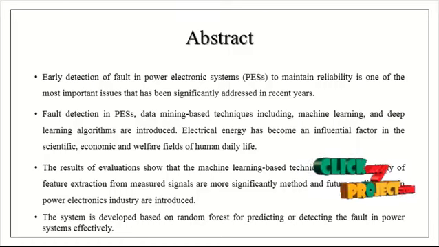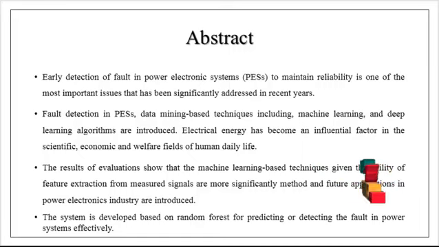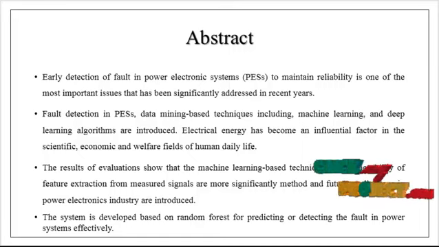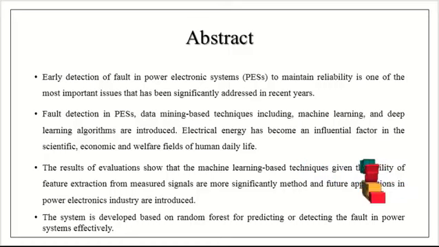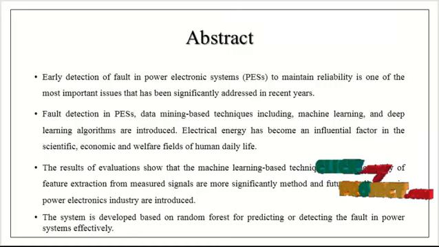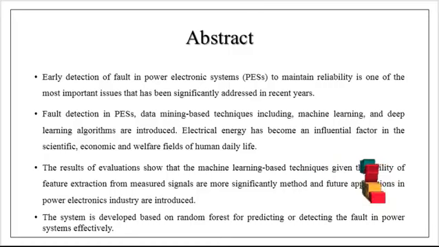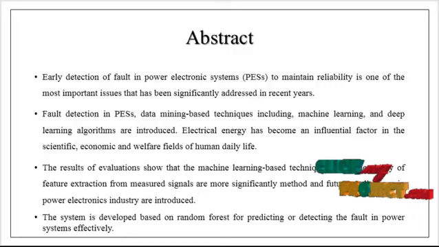The system is developed based on the random forest for predicting or detecting faults in power systems effectively. Hence, this method is majorly developed to predict the fault and then diagnose the fault. Then we have to identify the fault occurred in the specific stages. Maybe due to the power flow a fault has occurred, or maybe it has not occurred.